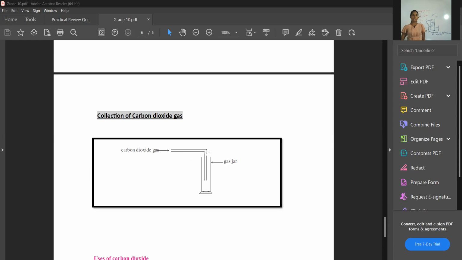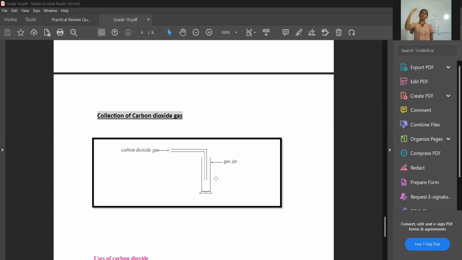When carbon dioxide enters the gas jar, the normal atmospheric air goes up. So we name this method upward displacement of air, because air goes up and carbon dioxide goes down, since carbon dioxide is denser than air.